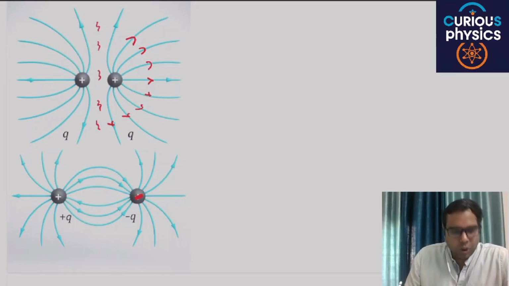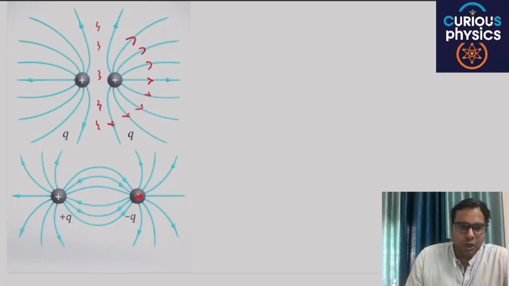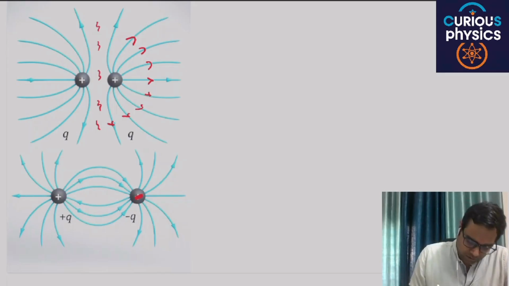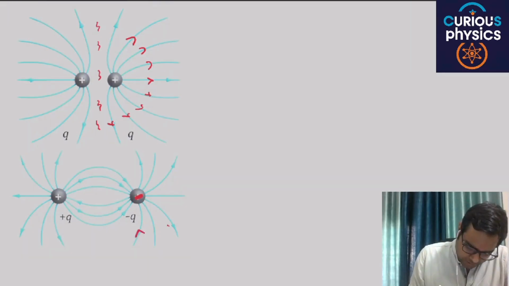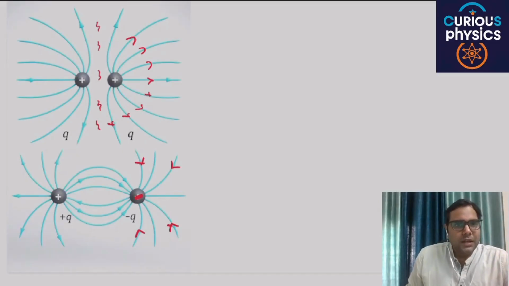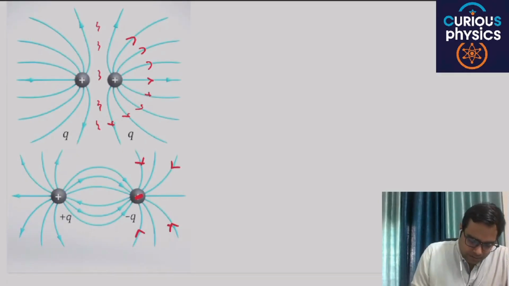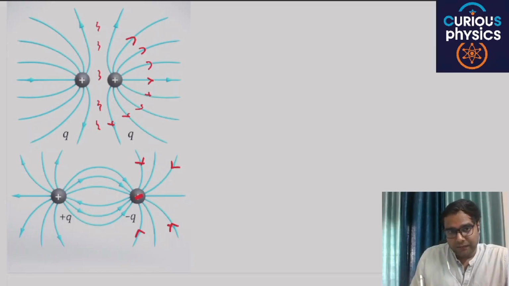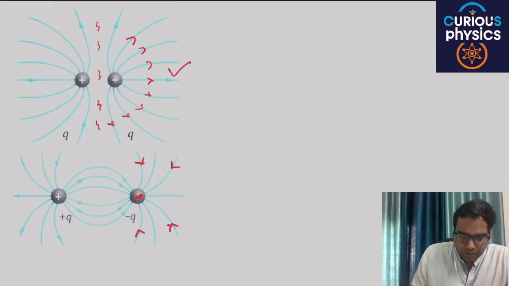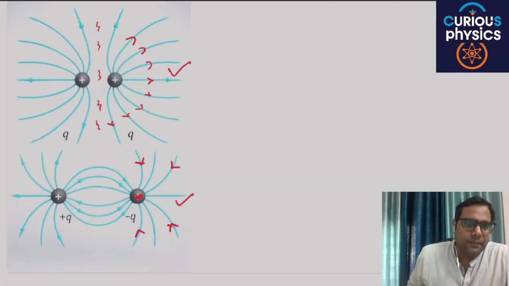Next is two opposite polarity charges. The arrow's direction should be towards this, so here the direction will be like this. Start from positive, end in negative. These two points you should understand very clearly.